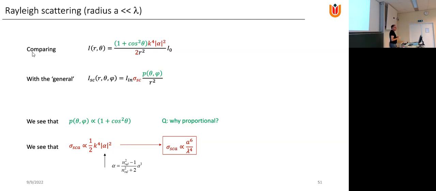Yes, exactly. It has to be normalized, and as it is, it is not normalized yet. That's exactly right. And then also, if you group the terms that are not dependent on angle, then we find again the expression for scattering cross section over here.